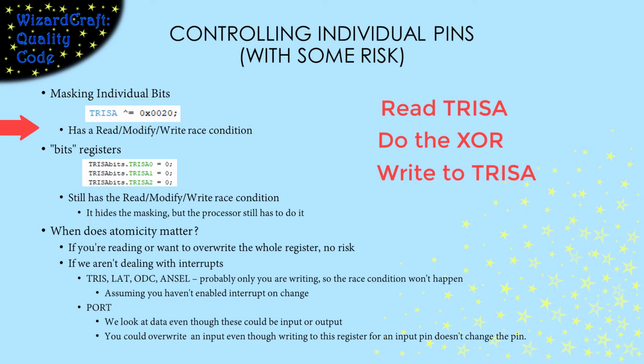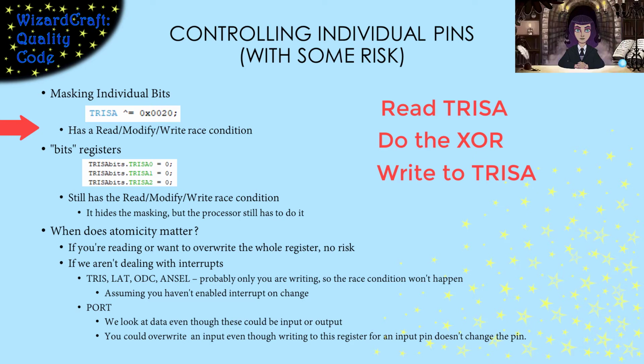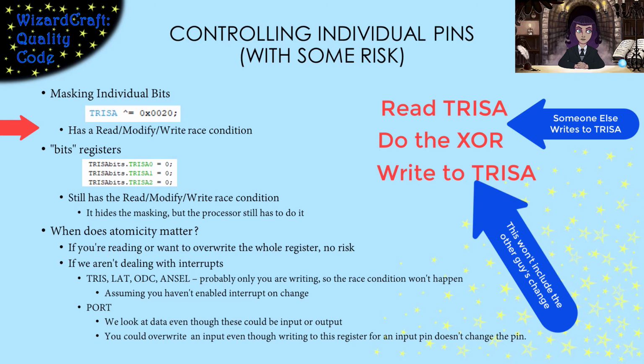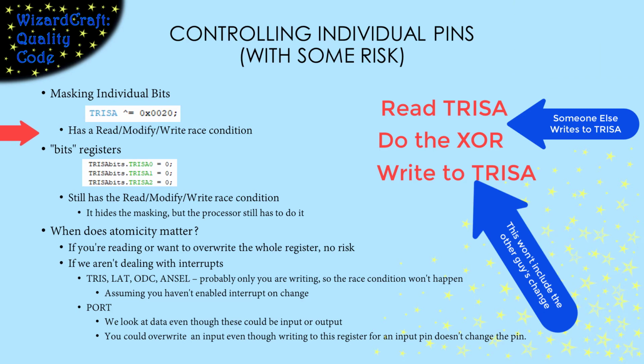In our example, it reads TRISA, flips one bit, and writes it back out to TRISA. That read, modify, write sequence has a race condition. By race condition, you mean that after we've read the value, someone or something else could change one of the bits, and then when we write out our result, we lose that other change. Exactly. That's clearly not good.